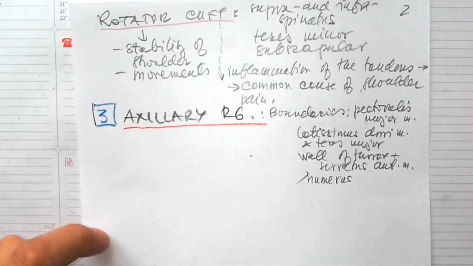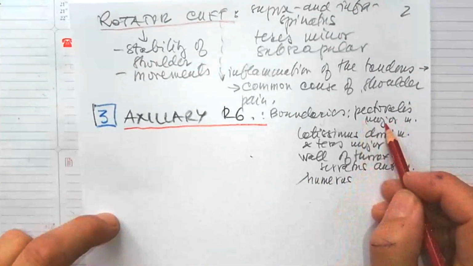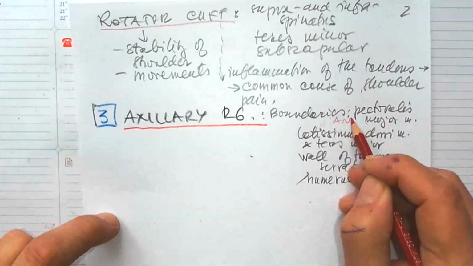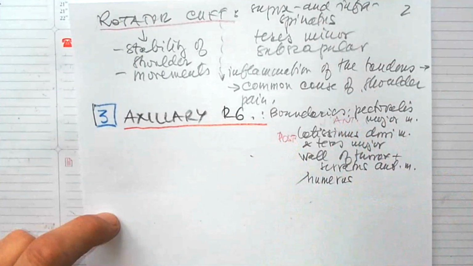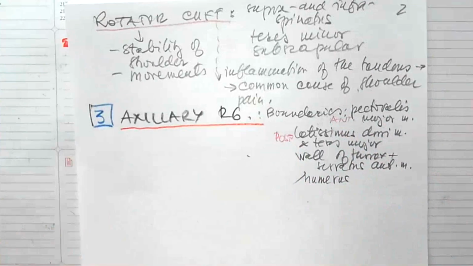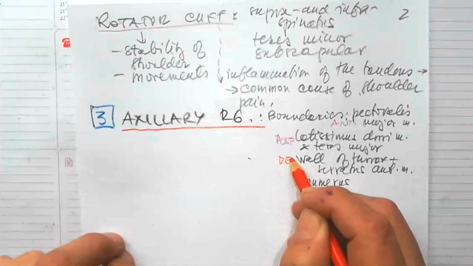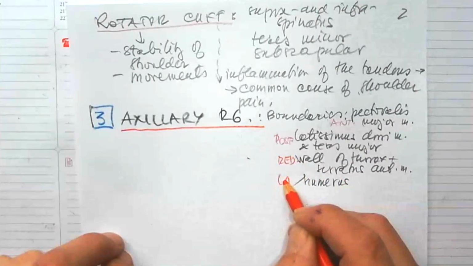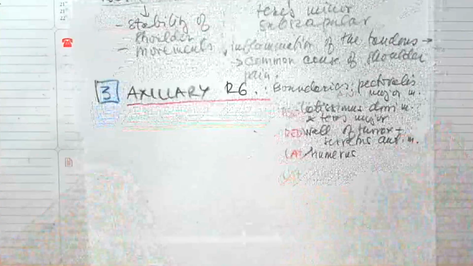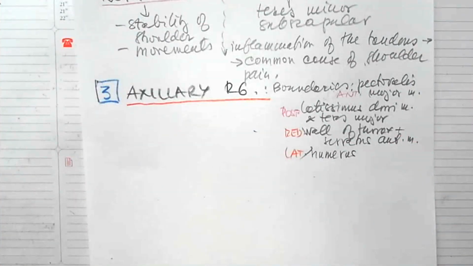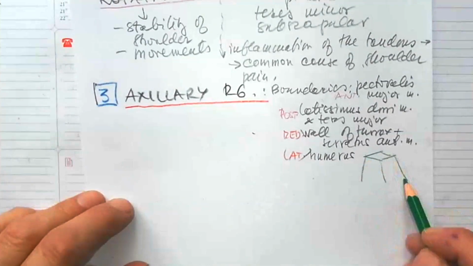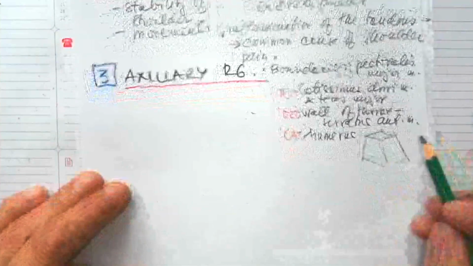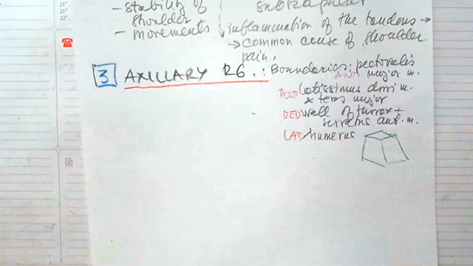So we could say that pectoralis major is anteriorly, latissimus dorsi posteriorly, then wall of thorax medially, and humerus laterally. No, I mean that is more than sufficient. We know that when we look at the whole region, this is like a conical space.